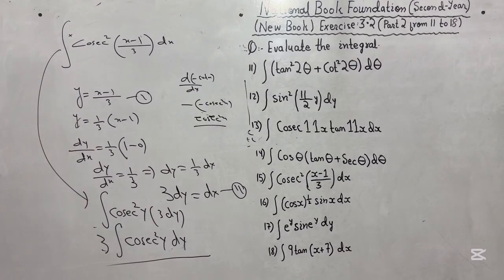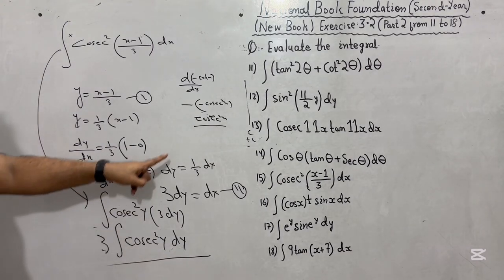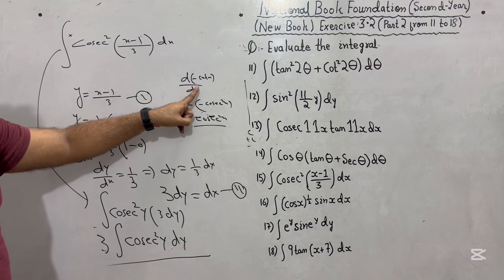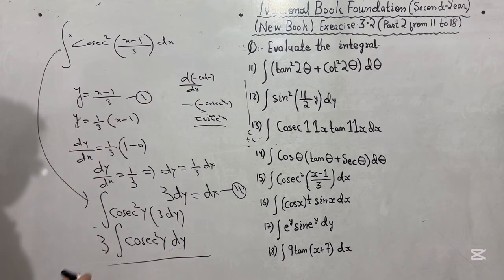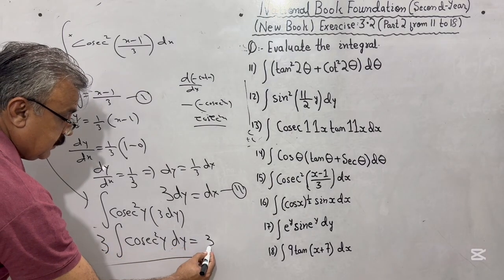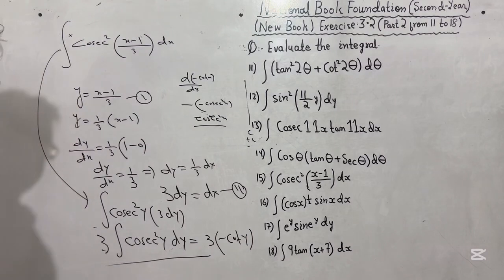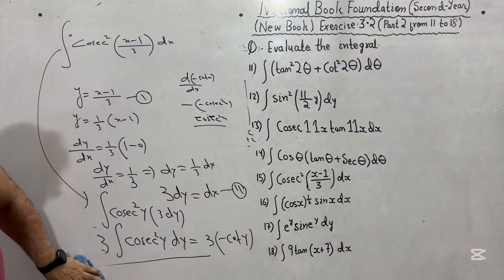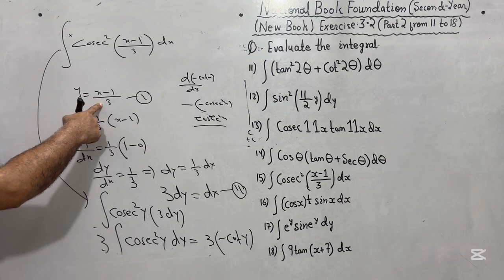Now ask yourself, is it the differentiation of something direct? Yes. Positive cosec square is the differentiation of negative cot. So its integration is 3 times negative cot y. Reput the value of y, that is x minus 1 over 3.